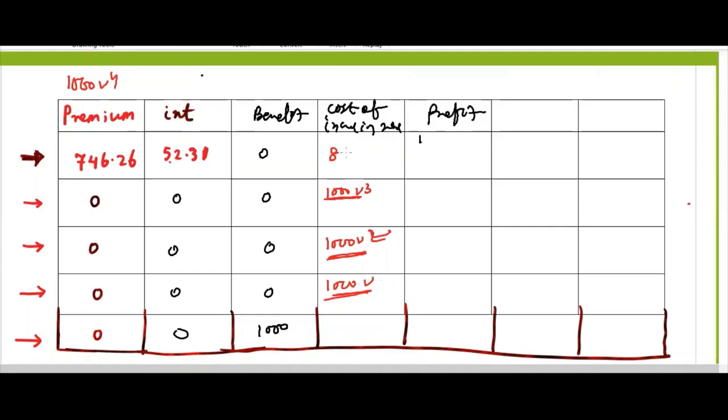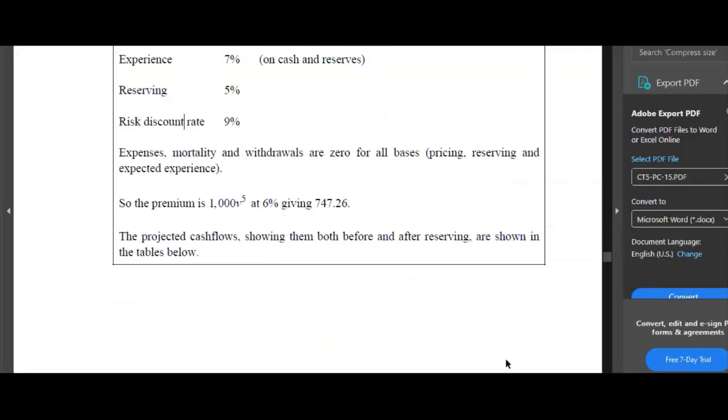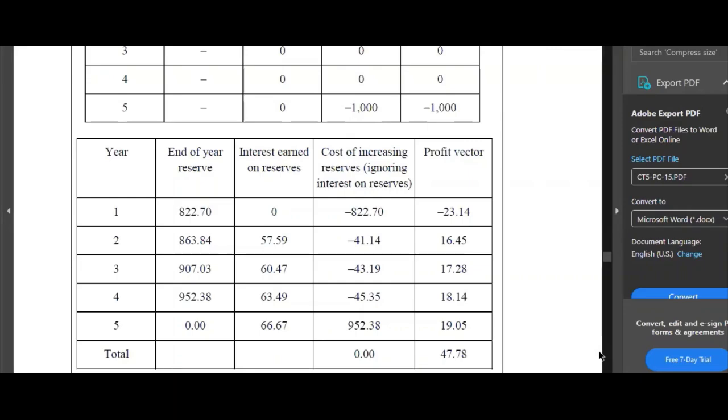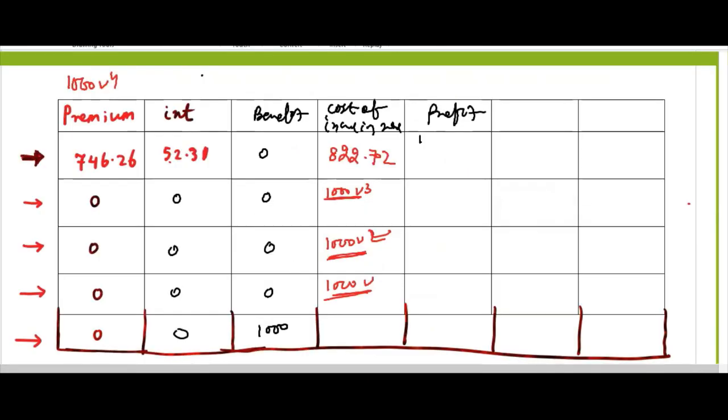822, sir. Yeah, then 0.702. Okay, that's matching. Then you tell me the next one. 863.